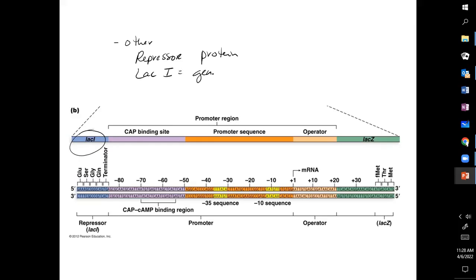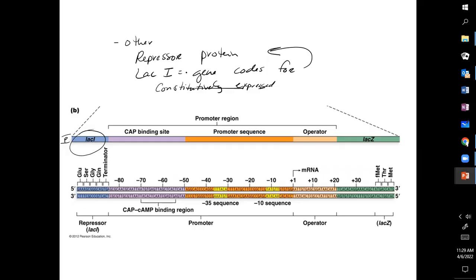It is not under the control of the same promoter. It has its own promoter region, and it is constitutively expressed. That means if you bust open a bacterial system, there is going to be repressor protein floating around. This is not regulated, it is constitutively expressed.